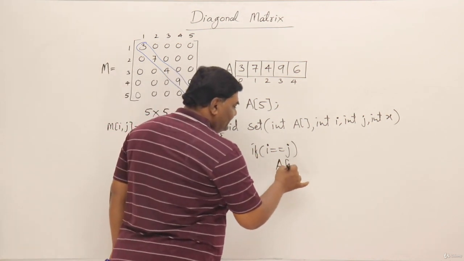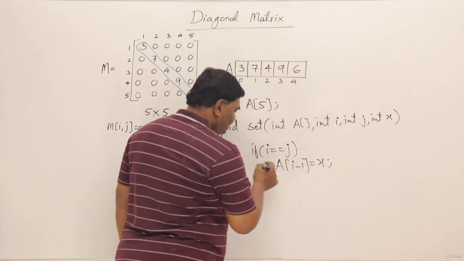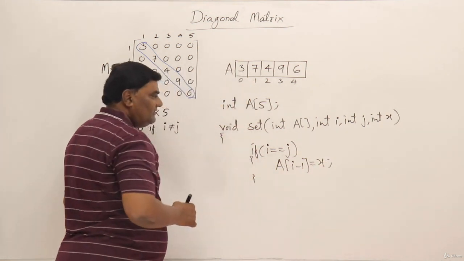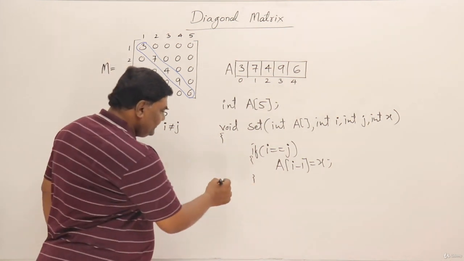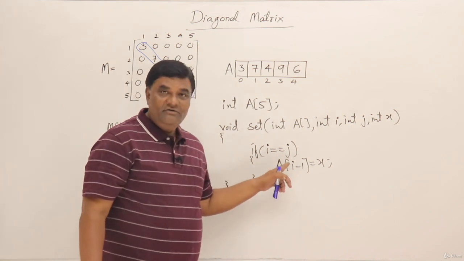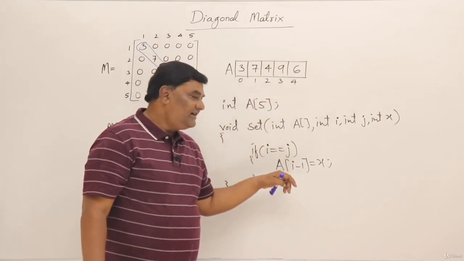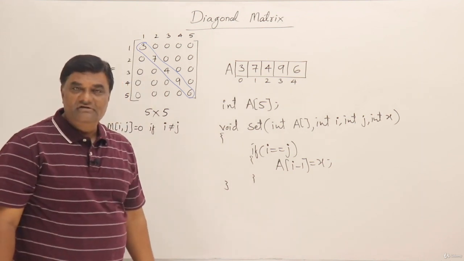In the array, it will store the element at i minus 1, that is assigned with x. That's all. If i is not equal to j, do nothing. So close this one. See, this is the formula we have just seen for how we can access the elements, that is i minus 1. So this is the set function.